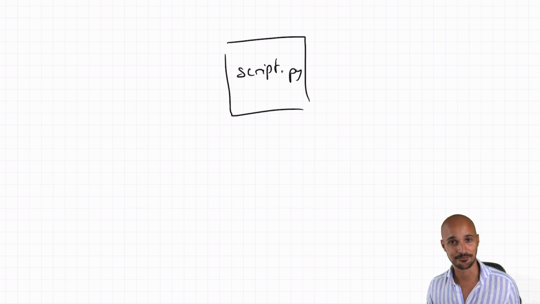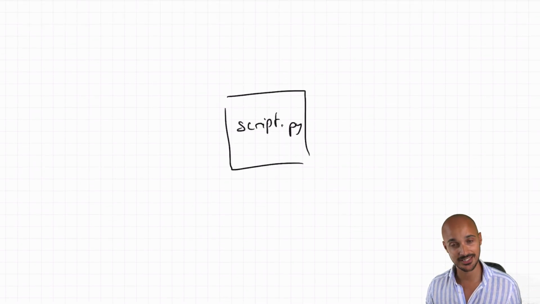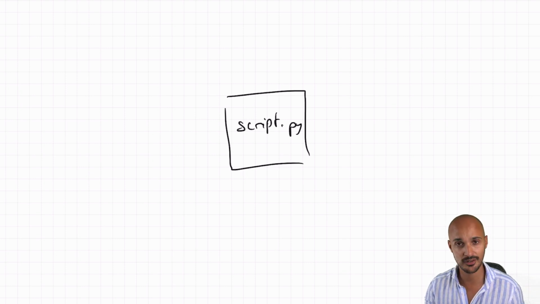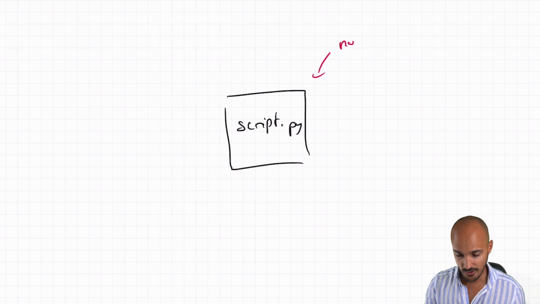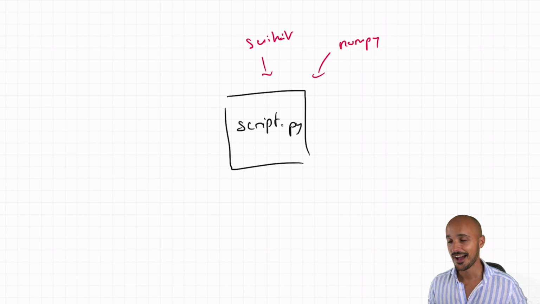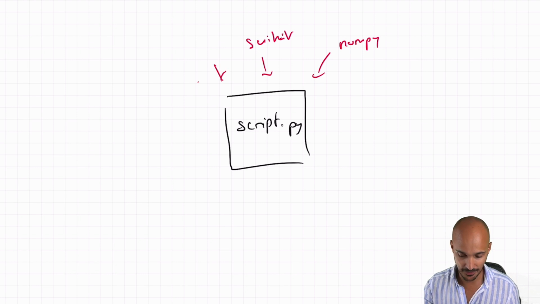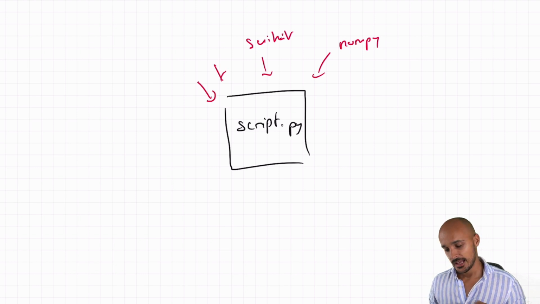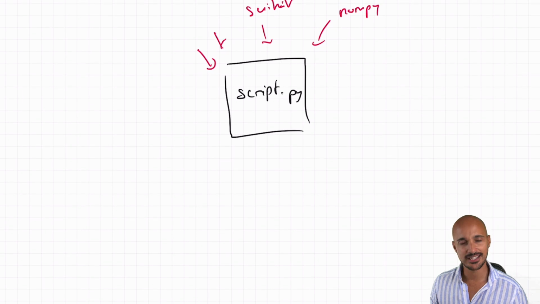processing your data. But the thing is, this script needs a lot of dependencies to run. For example, NumPy. Or maybe it needs scikit-learn. Or maybe it needs Spark to run. The thing is, this script needs a lot of dependencies. But now, let's imagine that you are running Airflow with the Celery executor.